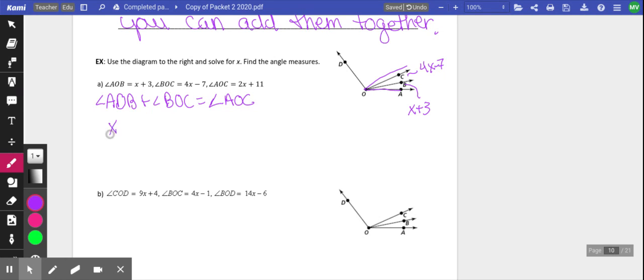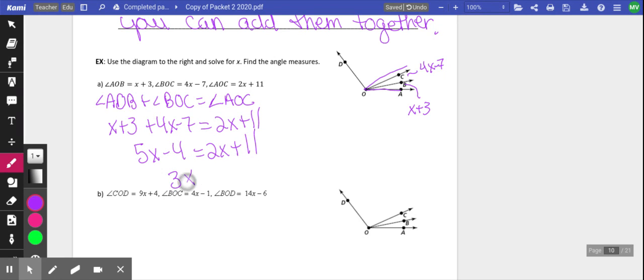So we can say x plus 3 plus 4x minus 7 equals 2x plus 11. So that's 5x minus 4 equals 2x plus 11. So that's 3x minus 4 equals 11. 3x equals 15. X equals 5.